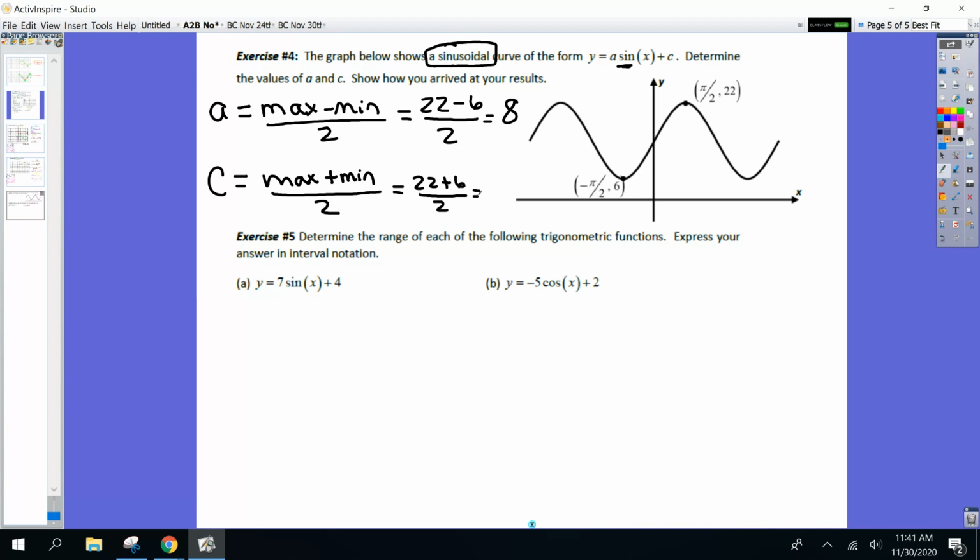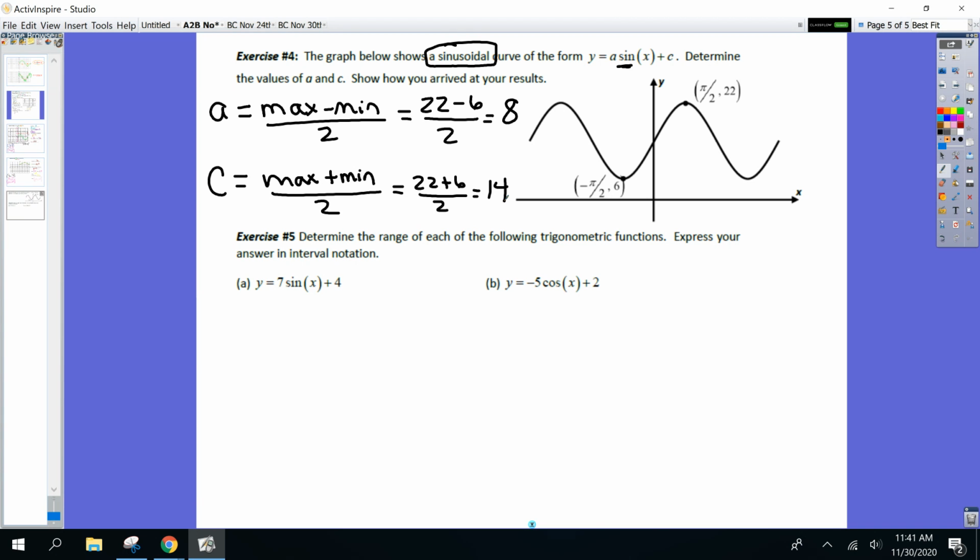So I ended up shifting this curve 14 units. Can I answer anything for you there? Just remember the A formula and the C formula, the shift and the amplitude.